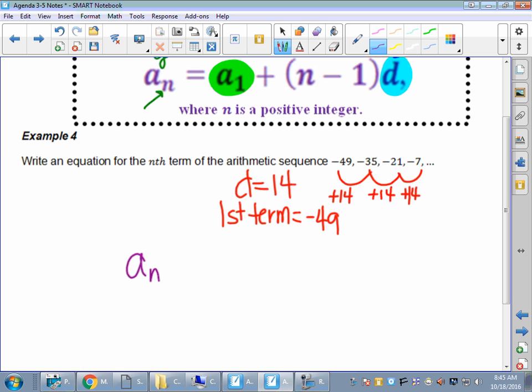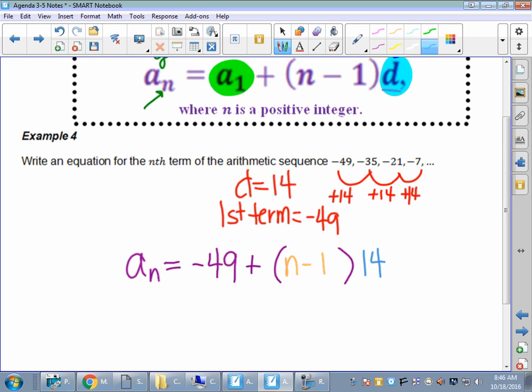So it's a large A with a littler n down below, equals a sub 1. You told me the first term was negative 49, plus parentheses. N minus 1 stays exactly the same inside those parentheses. We're not going to change that. And d, my common difference, we said was add 14 or a positive 14.